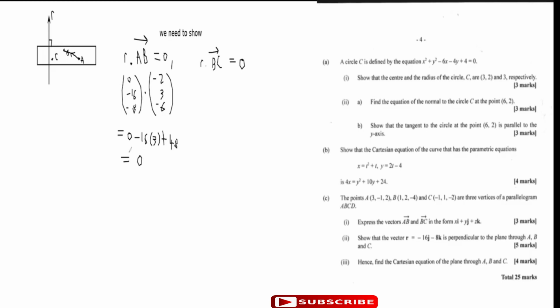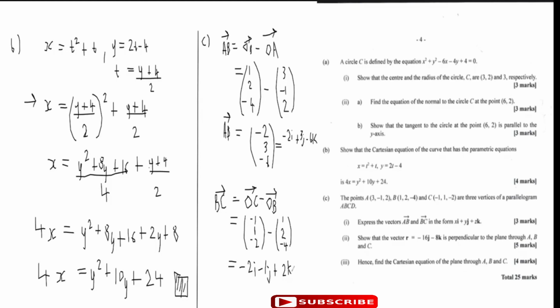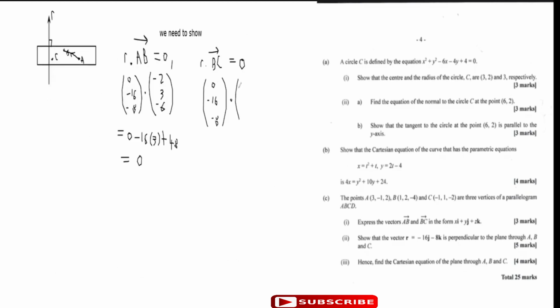All right. Let's try this one now. R dot BC. R is 0, -16, -8, dot BC. And what is vector BC? Vector BC is -2, -1, 2.